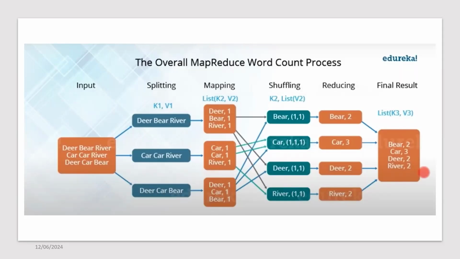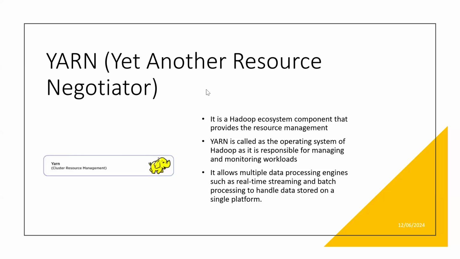Having said that, let's look at the other parts. The other one we can talk about is called YARN. We call it Yet Another Resource Negotiator. This component is there for managing resources. It will manage and schedule the resources for the running applications.